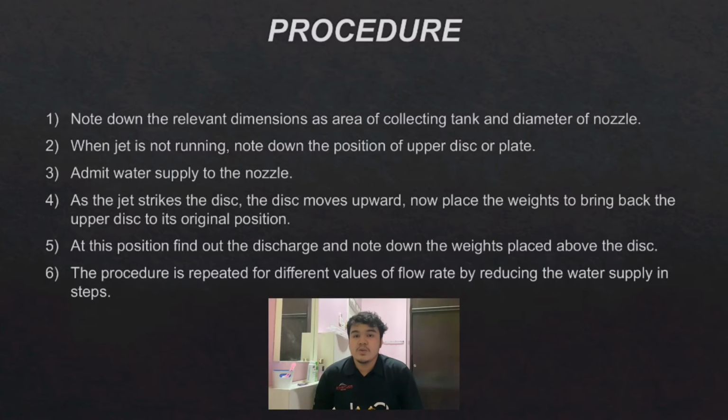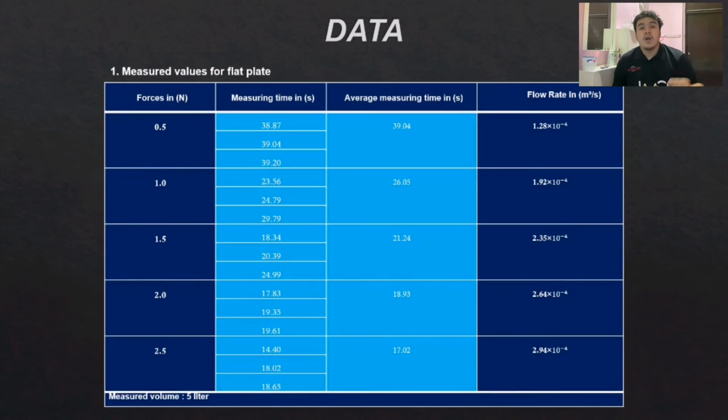Now place the weight to bring back the upper disc to its original position. Number 5, at this position, find out the discharge and note down the weights placed above the disc. Number 6, the procedure is repeated for different values of flow rate by reducing the water supply in steps.